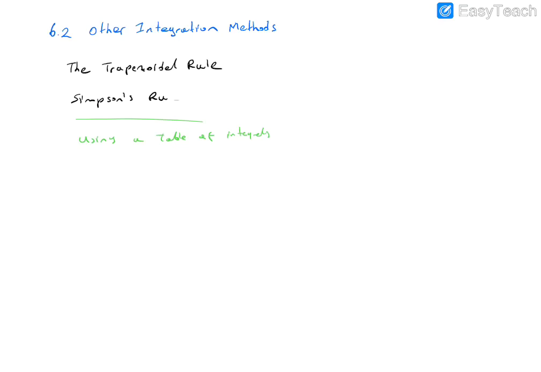A table of integrals can be used to find the antiderivative of many standard functions. A definite integral of such a function can therefore be found exactly by means of the fundamental theorem of calculus.